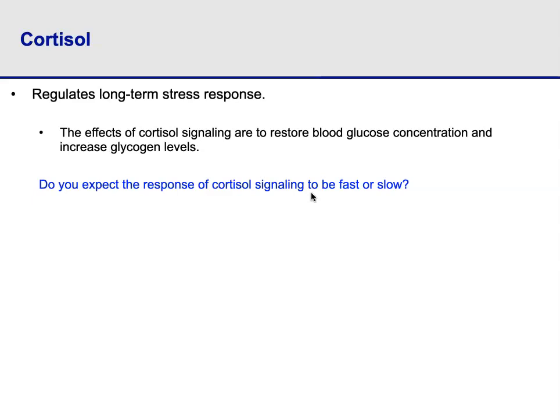And for that reason, long-term high cortisol concentration can result in dramatic changes in the body. Primarily it affects the muscles, the fat deposits, the calcium deposits in the bones, endocrine function.